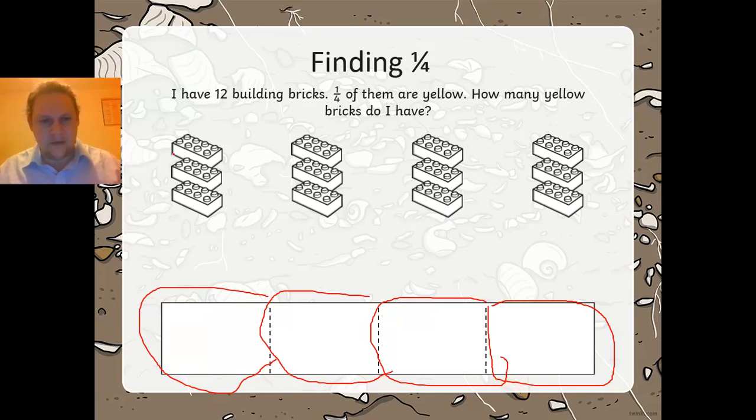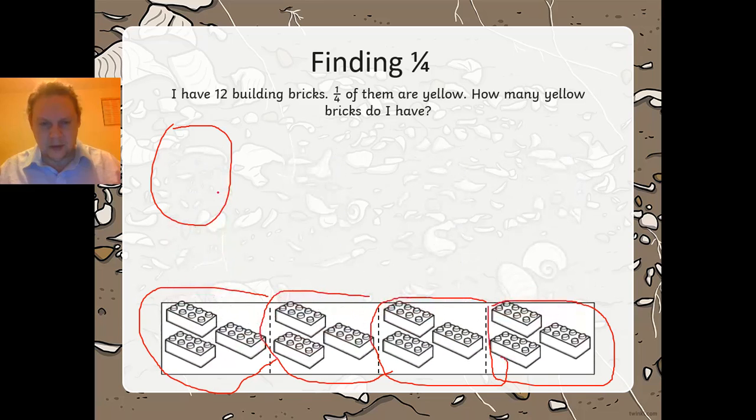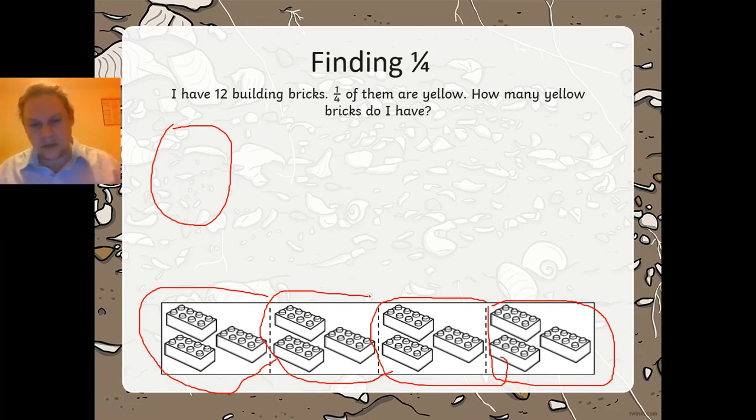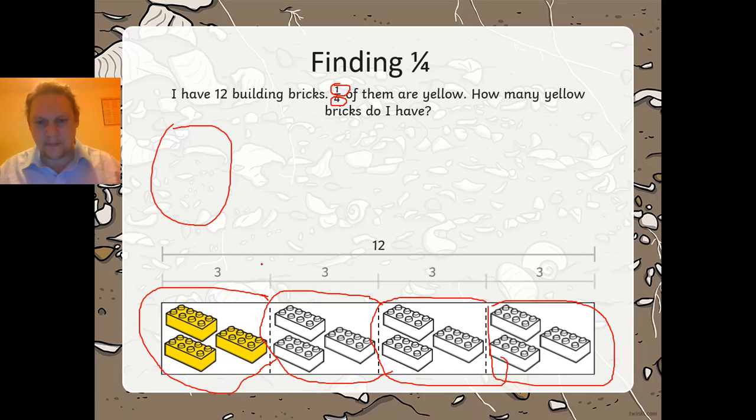So we've got to have each one equal, and each one has got 3 in it. So we move our blocks into those 4 equal groups. We need a quarter, so we've got 4 groups and we're interested in one of those groups, and that group has 3 blocks in it.